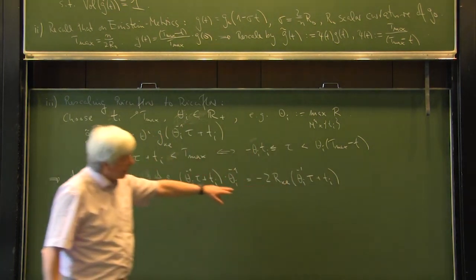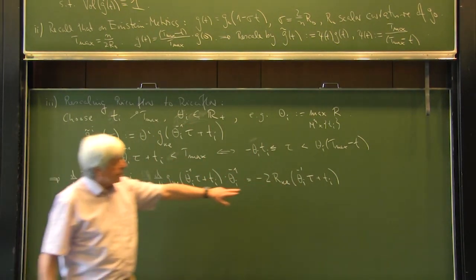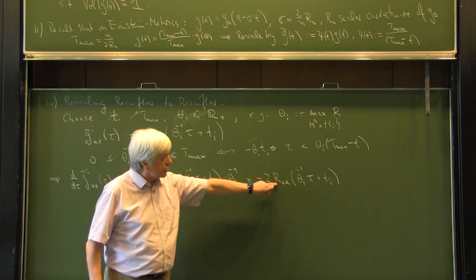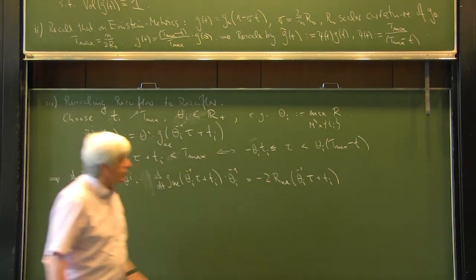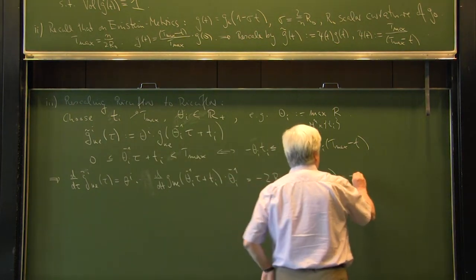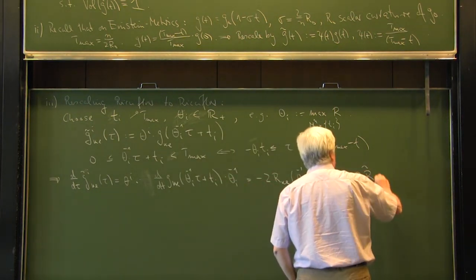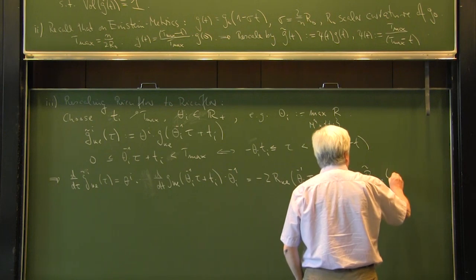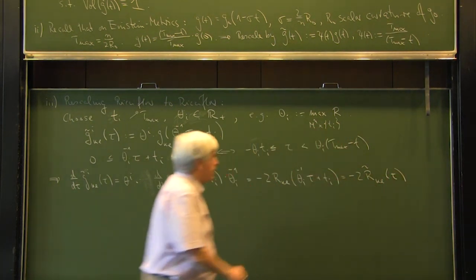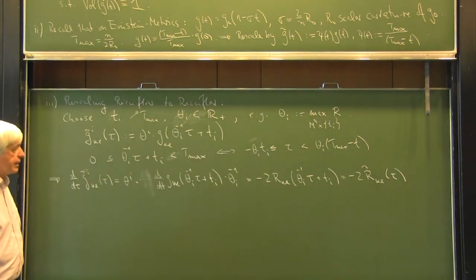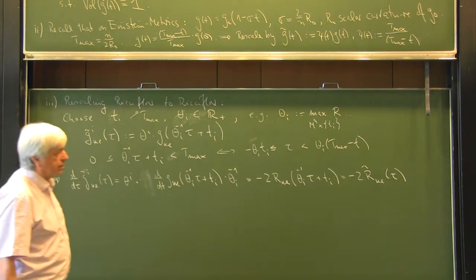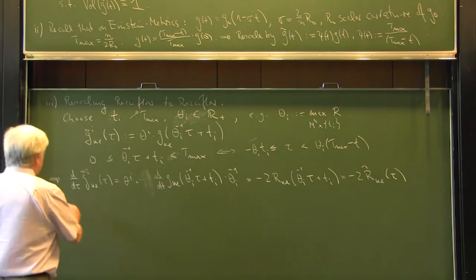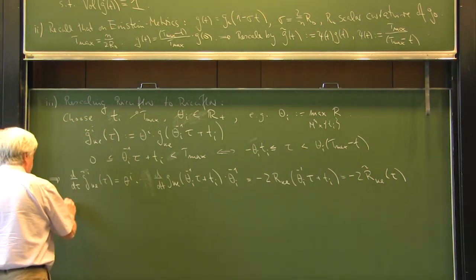But now remember that I said the scaling behavior of the Ricci tensor KL is of degree 0, so this is just the same as minus 2 times the Ricci tensor of the GKL metric, and therefore you get back the evolution equation of Ricci flow.